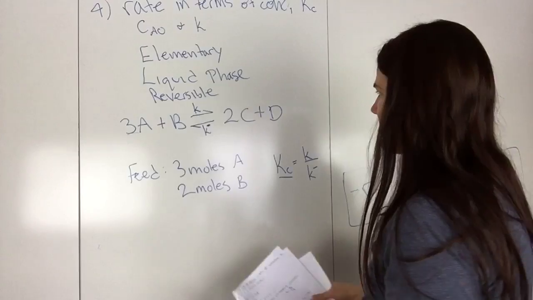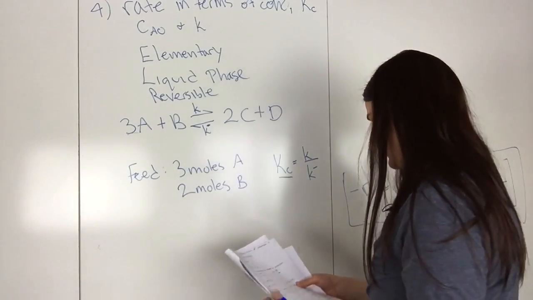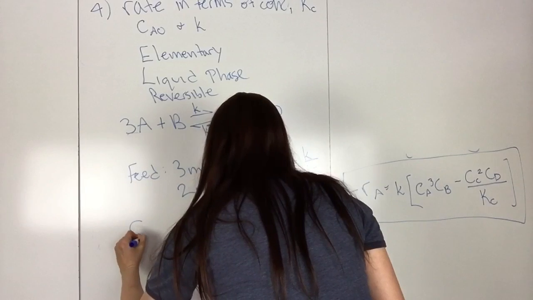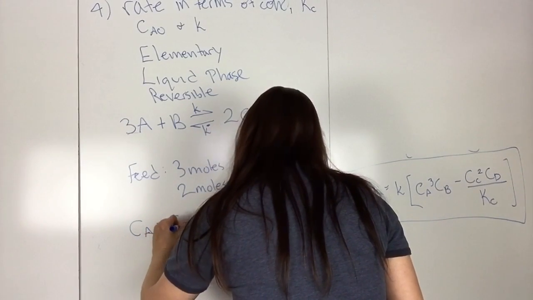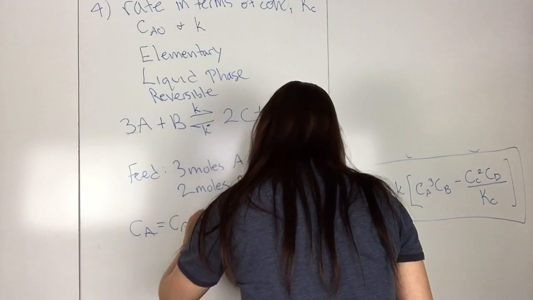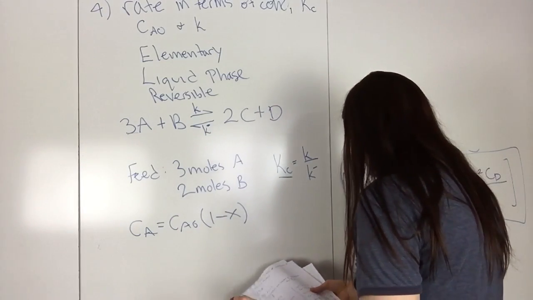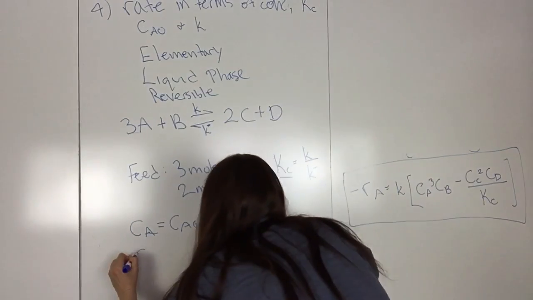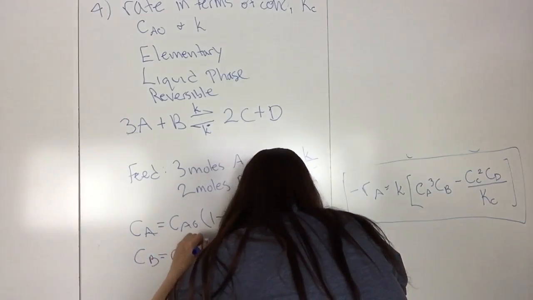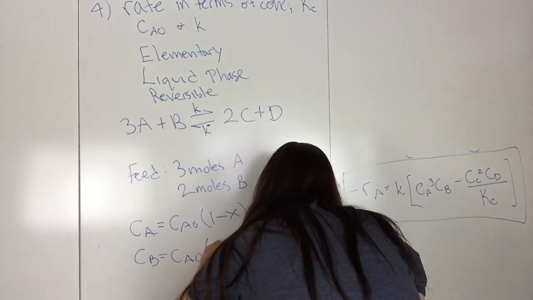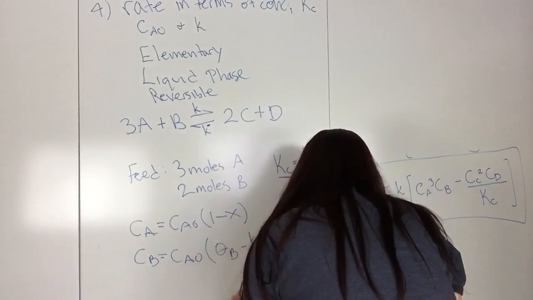So anyway, if we look at the table for a liquid phase reaction, we know that Ca is equal to Ca naught (1 minus x). We know that Cb is equal to Ca naught (theta b minus b over a x).